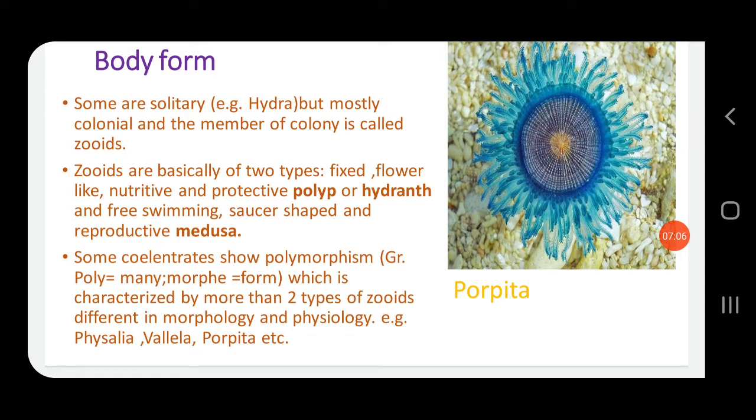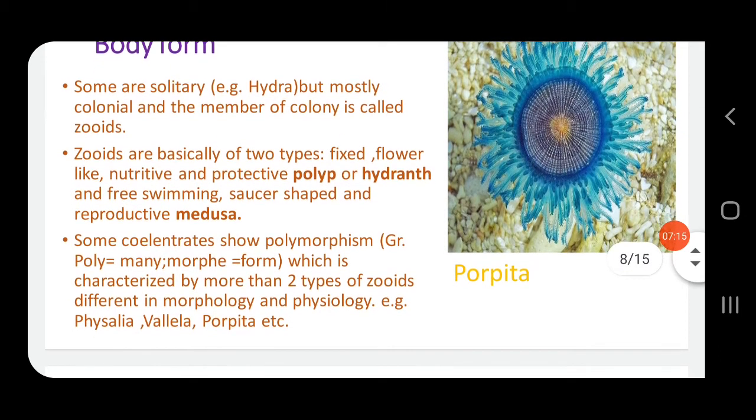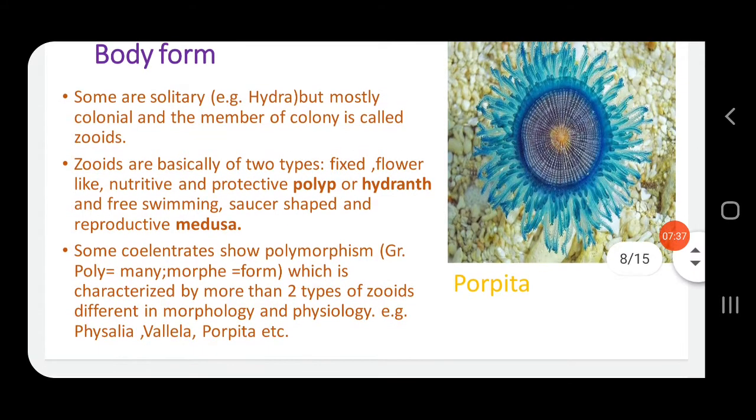If a zooid is a fixed, flower-like structure assigned with the nutritive and protective function, it is known as a polyp. In opposite, if it is a free swimming, saucer-shaped structure having the function of reproduction, we call it a medusa.